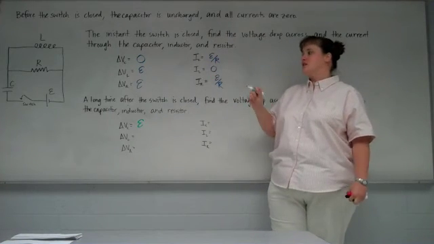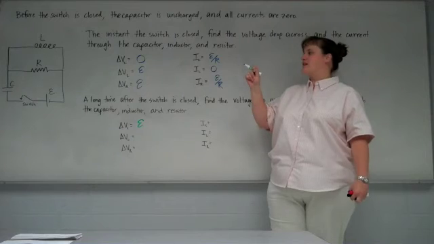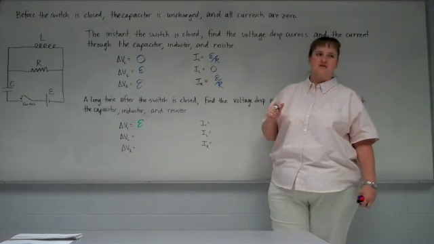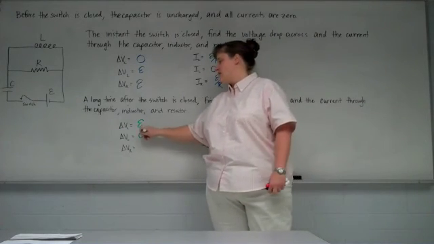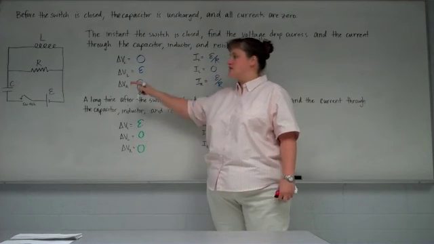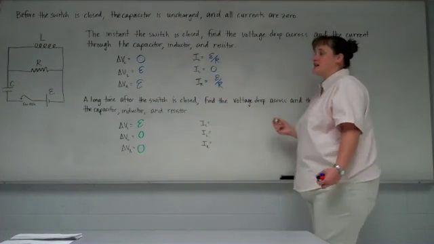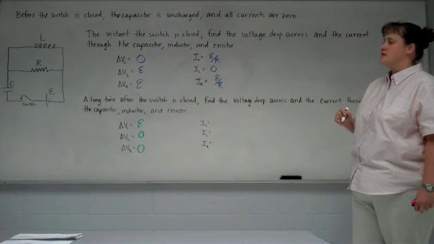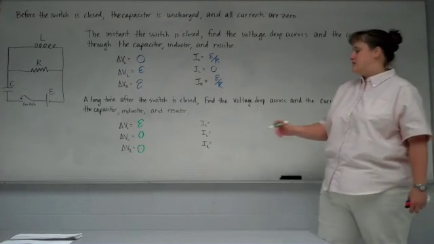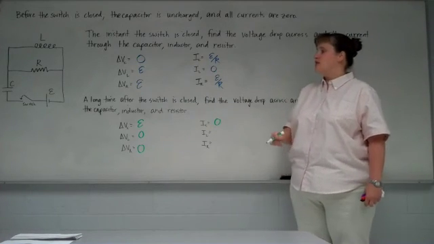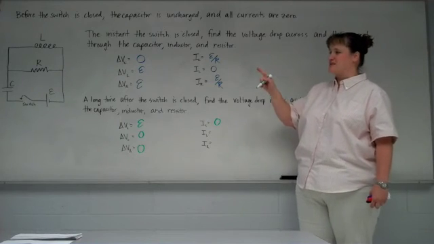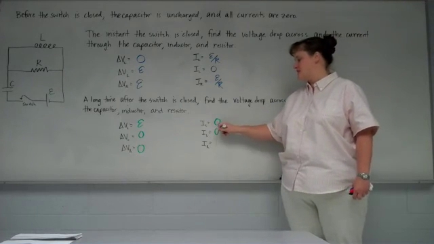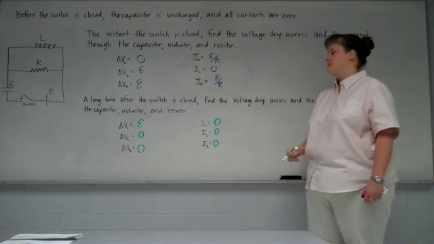If we look at the loop rule, if the capacitor has the EMF of the battery, what's left for the resistor? Nothing. When the capacitor is completely charged, it takes up all the voltage for that branch, and it does not allow current to flow. If no current is flowing through the branch with the capacitor, there's no current getting to the inductor or resistor either.